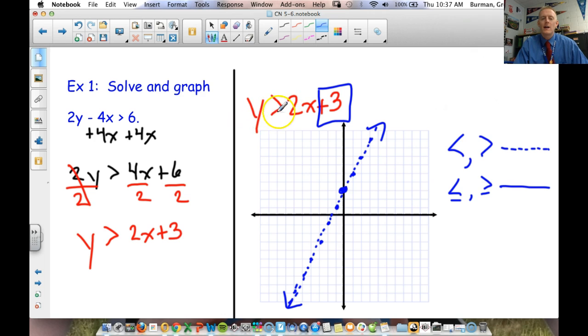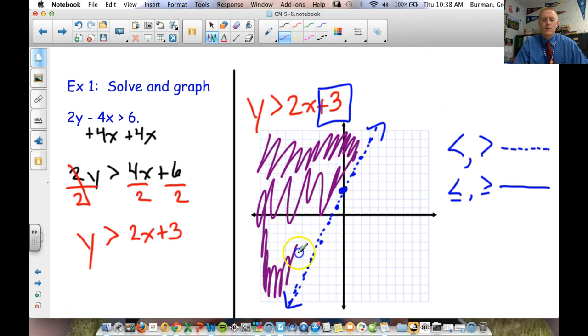And since y is greater than it, every spot that y is greater than is up here. So we're going to shade above our line. So all of the numbers that work for this specific inequality are in the shaded area.